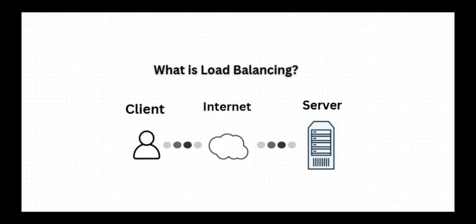A single application server struggles to handle the incoming requests because there are 10,000 users simultaneously sending requests. This leads to slower response times, even failure of the server requests.